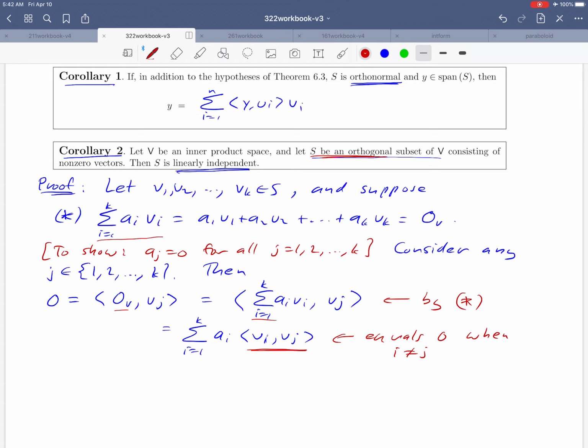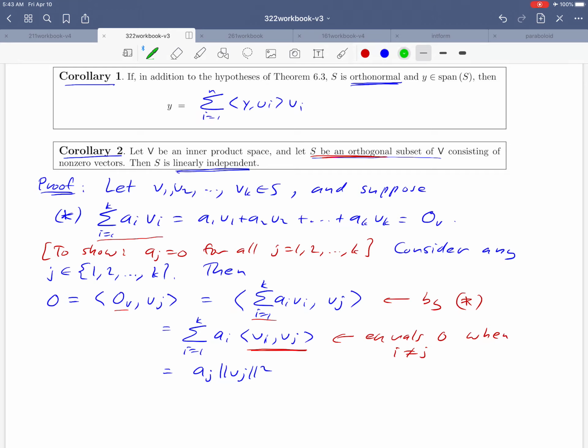Okay, so the only time that inner product is not going to be 0 is when we come to the jth term in our sum, when vi and vj are the same. So we're just going to get one term from this sum, and it's going to look like aj times the inner product of vj with itself, which is the length of vj squared. Same observation that we made back on the previous page.